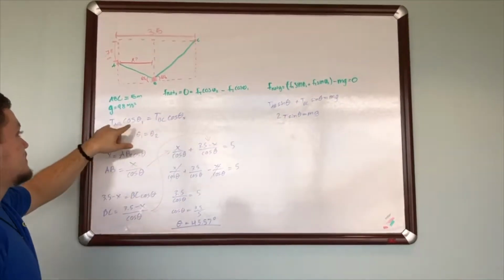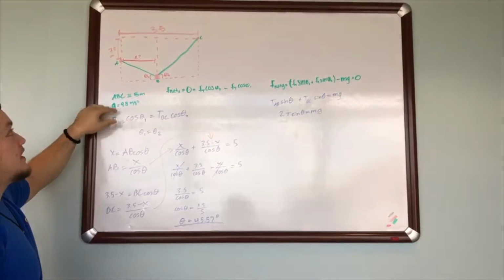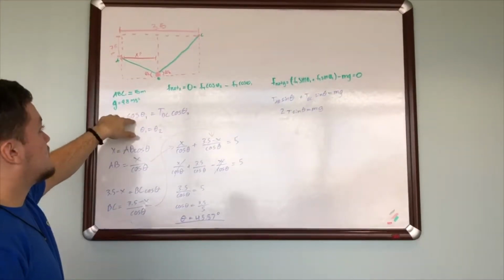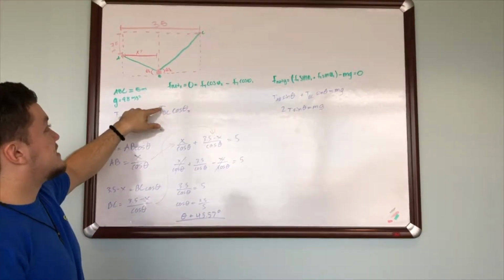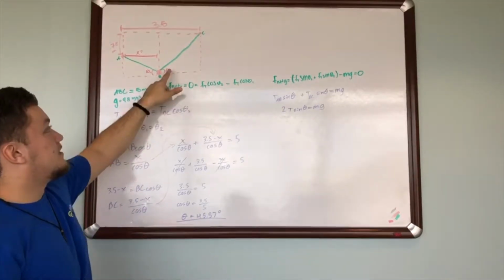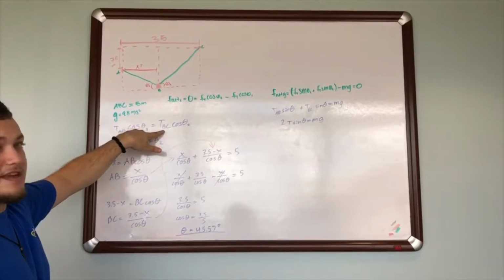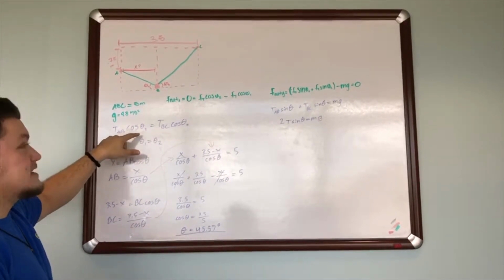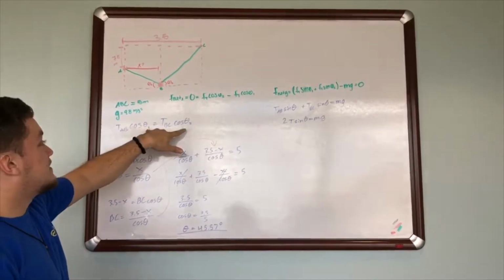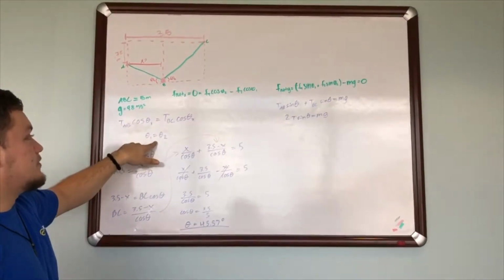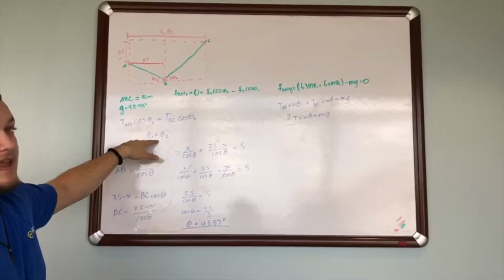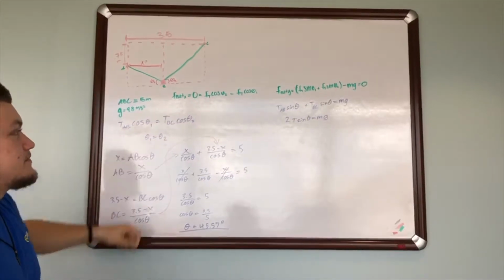So if we solve for them, we can say that tension AB times the cosine of that angle has to equal the tension of BC times cosine of its respective angle. And since we know that the tensions have to be equal to each other, because it's a statics problem, we can say that the angles have to be equal to each other, so we can denote them as just theta instead of theta 1 and 2.